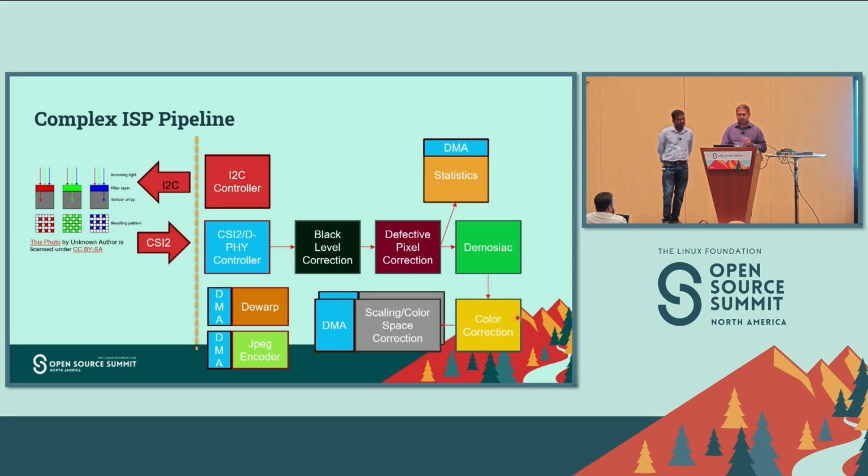After that, there could be other blocks in the domain of color correction. You could even have an optional color space conversion along with scaling, downscaling, and upscaling. This is typical: you'd have a very high megapixel camera, and then you need a downscaled preview for one stream and another stream for the full resolution capture so that you can save a JPEG.